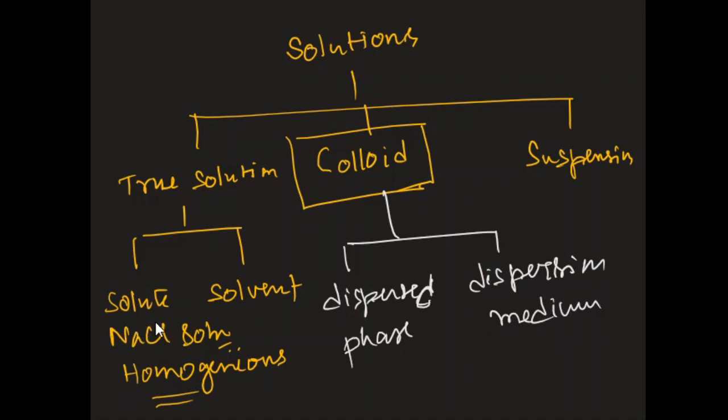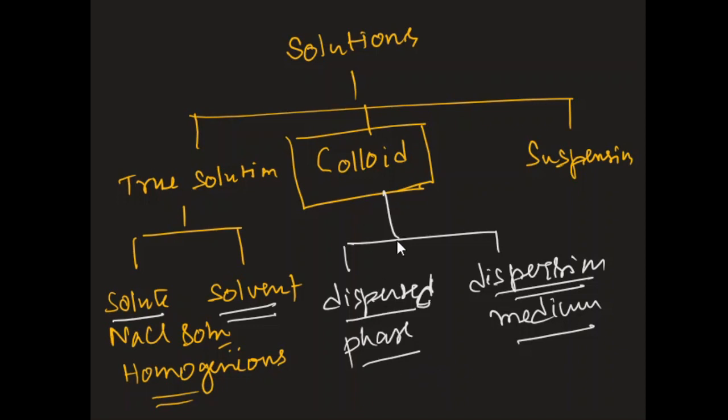We used to say, in the case of true solution, solvent is the major part. Similarly, in this case, dispersion medium is the major part. Like solute, the dispersed phase occupies the smaller portion, but uniformly spread.